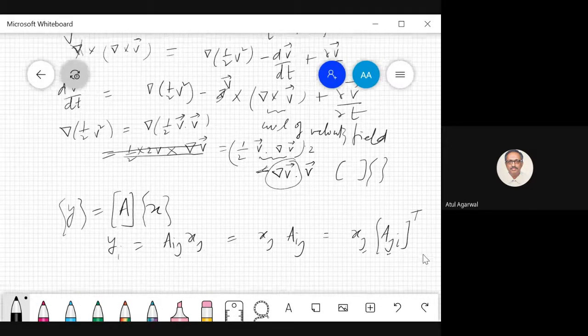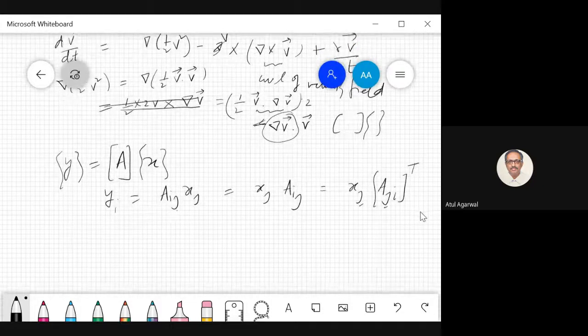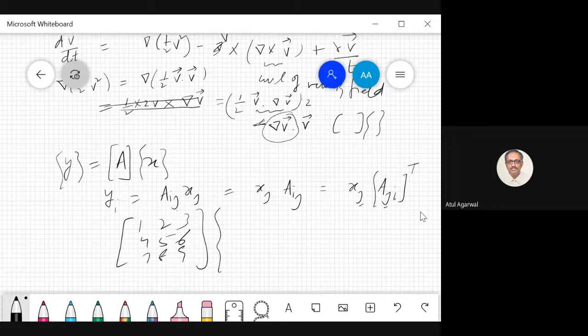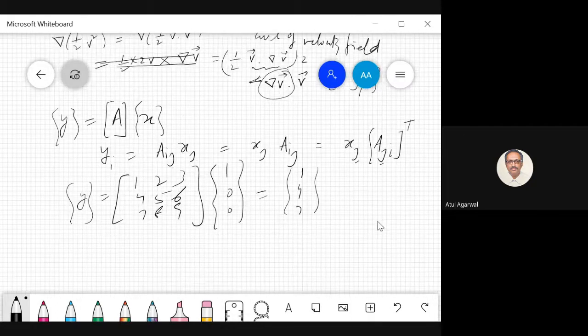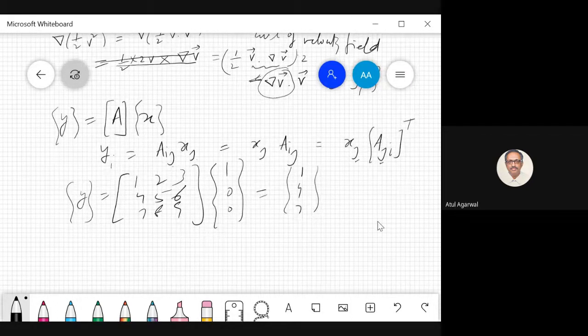So let us see whether it is fine. Suppose you take a matrix 1, 2, 3, 4, 5, 6, 7, 8, 9, and you multiply with 1, 0, 0. What will you get? You will get the first column. Now suppose I write it in this form.